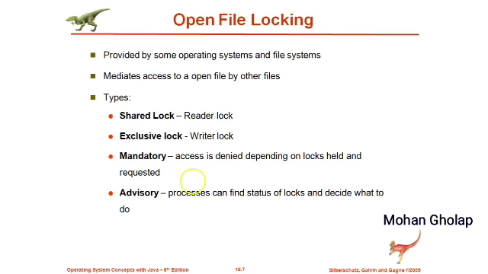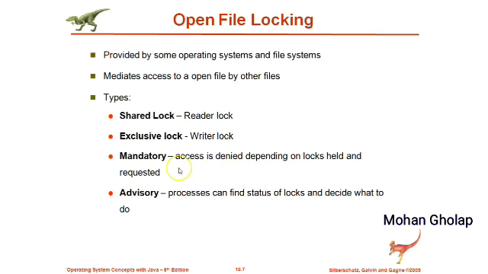The third one is the mandatory lock, and after this we have the advisory lock. Mandatory, as the name itself indicates, is compulsory. Whenever a process applies a mandatory lock, access is denied depending on the locks held and requested. The lock will compulsorily be imposed and no other process will be allowed to access that particular file.